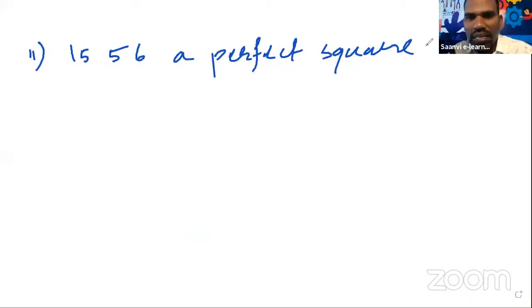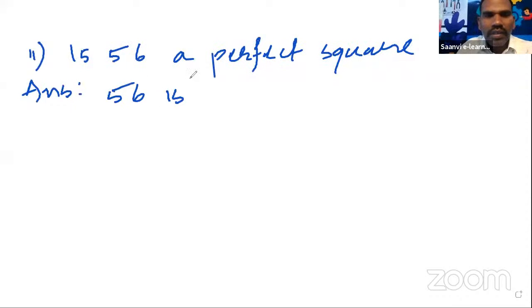Can we write 56 as a product of two same numbers? We can't write. 7 eights are 56, 8 sevens are 56. Like that other numbers will come, but same numbers we can't get. So 56 is not a perfect square number.